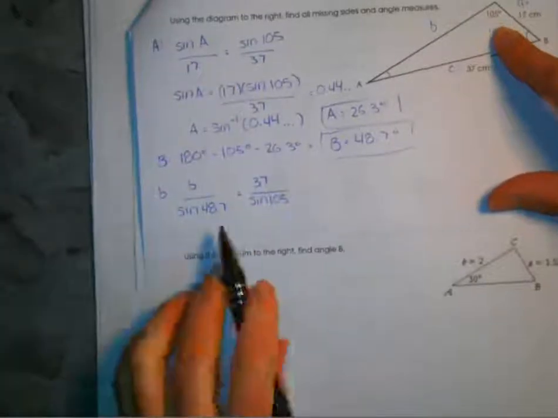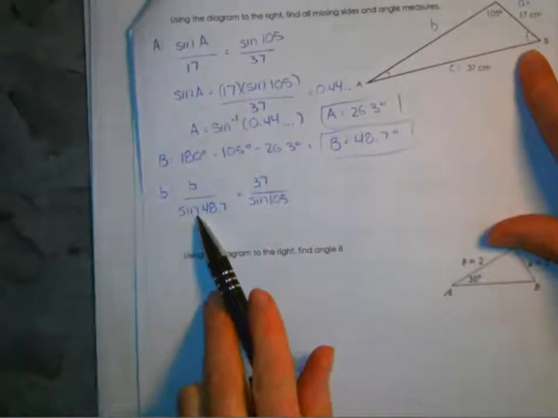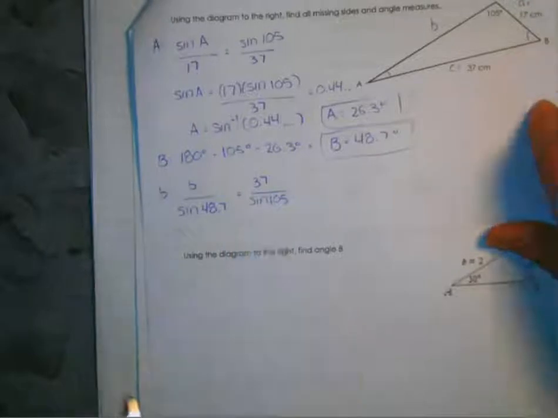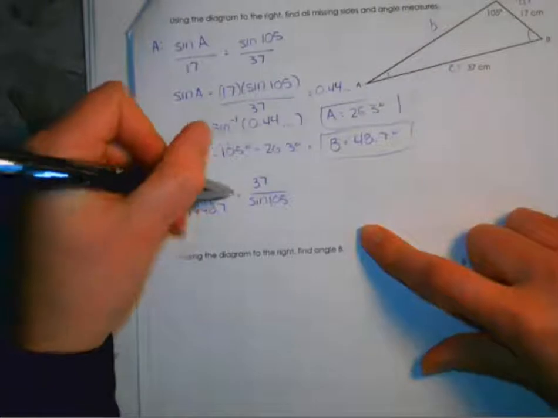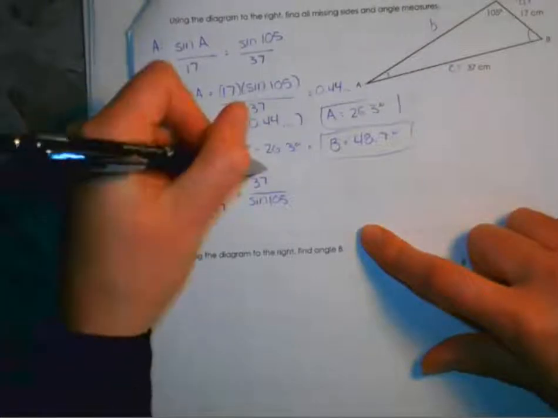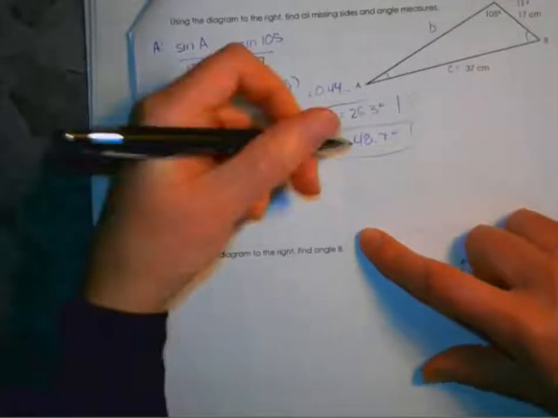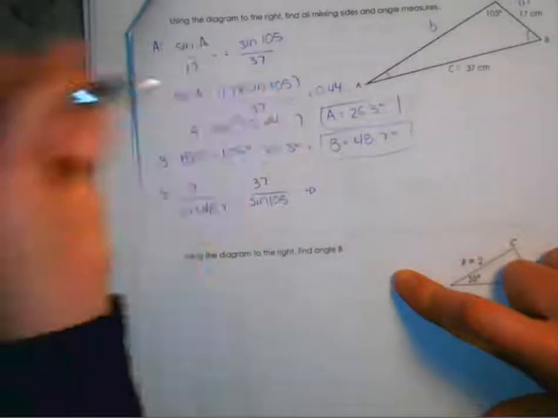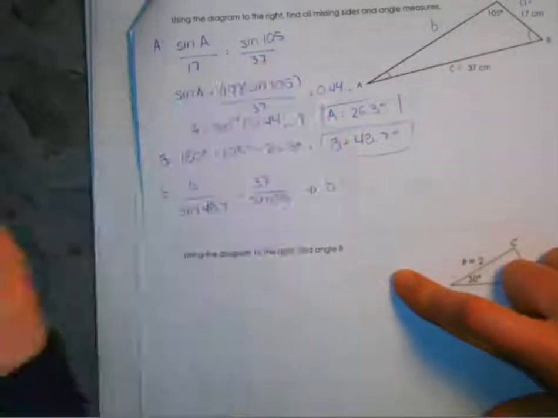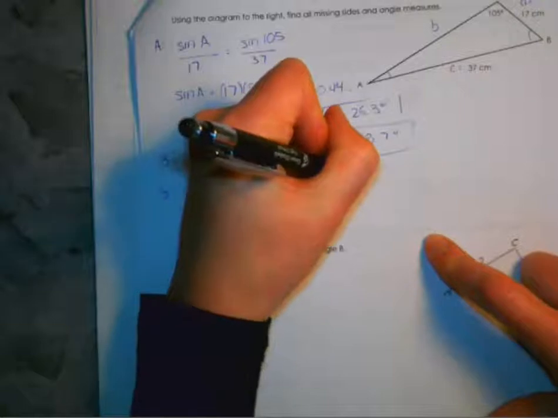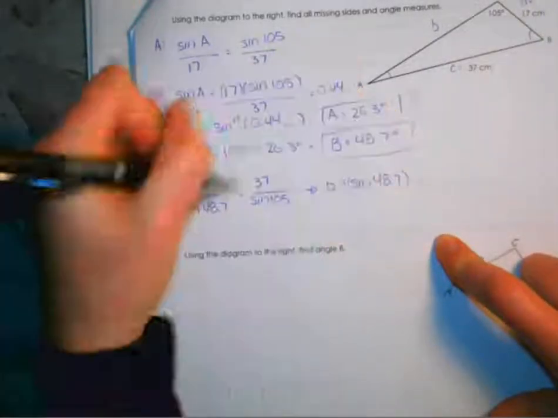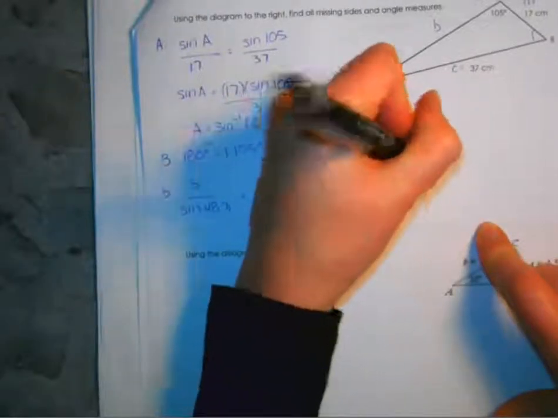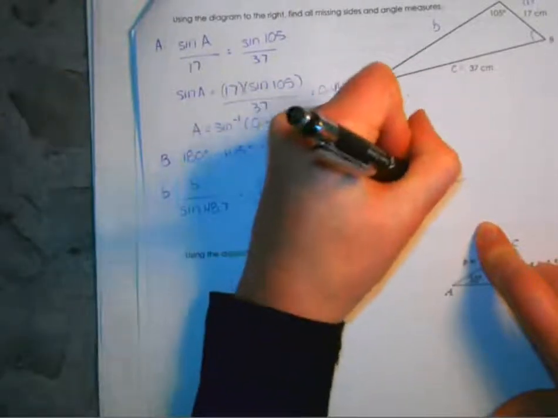Okay, so cross multiplication would be sine 48.7 times 37 divided by sine 105. Algebraically, what we're looking at is sine 48.7 times this whole thing. So we can say B is equal to sine 48.7 times 37 over sine 105.